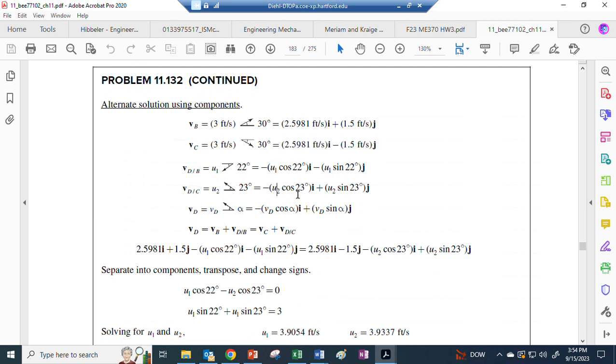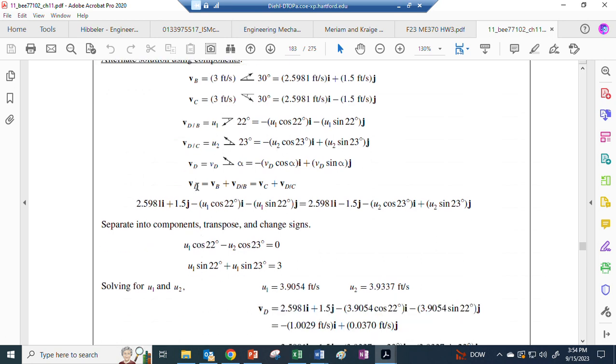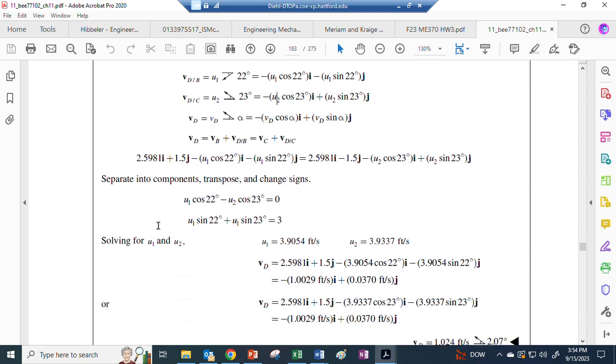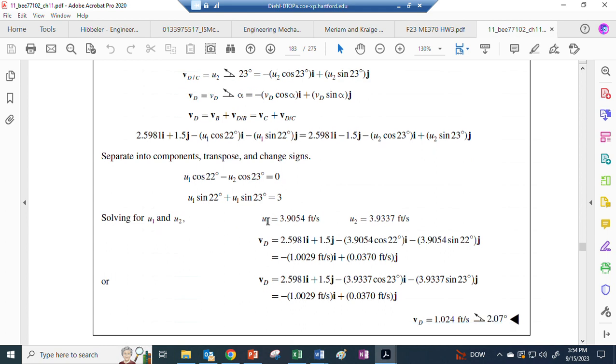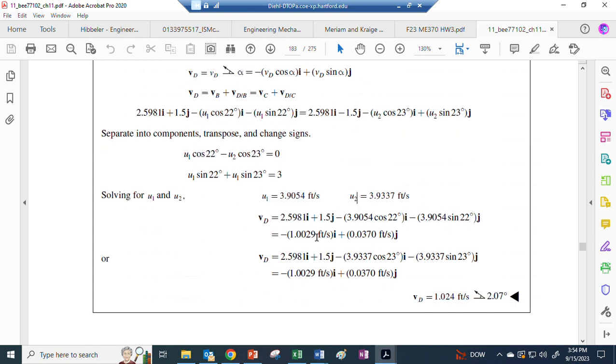They set these 2 things equal to each other, solved for U1 and U2, and then once they had U1 and U2, they were able to solve for the components. So they did the identical thing that we did.